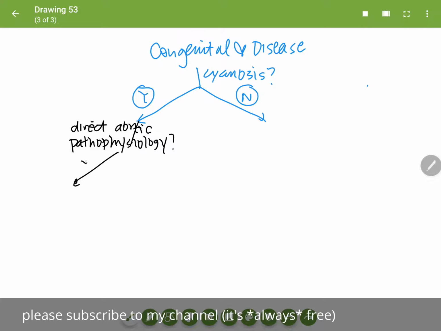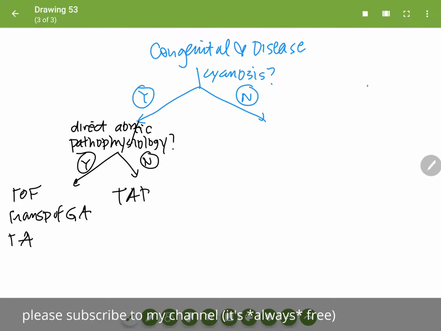And yes and no. So the ones with direct aortic pathophysiology are tetralogy of Fallot, transposition of great arteries, and truncus arteriosus. The ones with no direct aortic pathophysiology are total anomalous pulmonary venous return and tricuspid atresia.